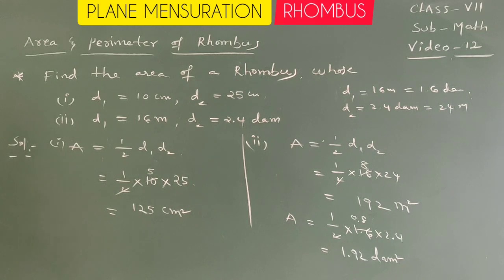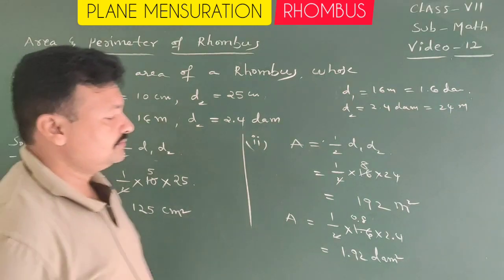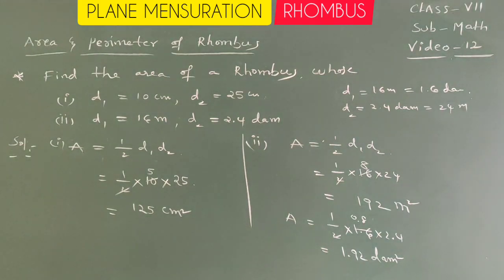If you want it in decameters, 1.92. If you want it in meters, 192. Okay, important one. Directly d1 and d2 they gave like this.